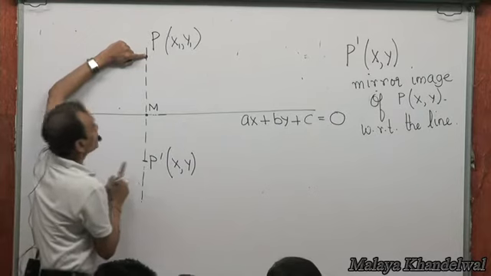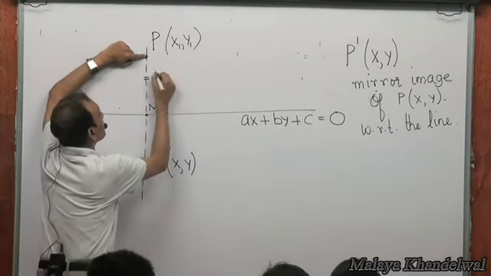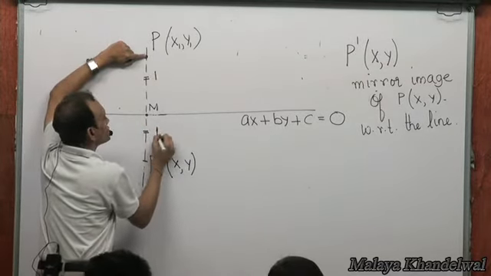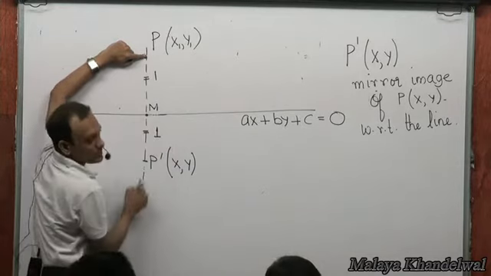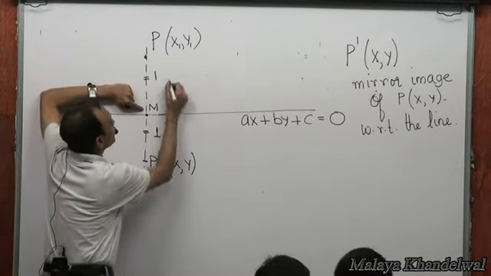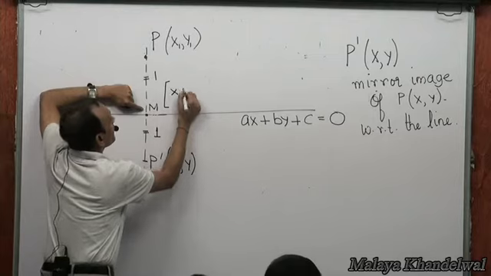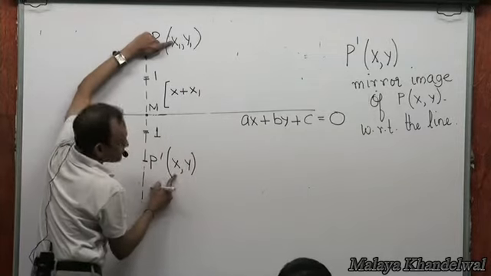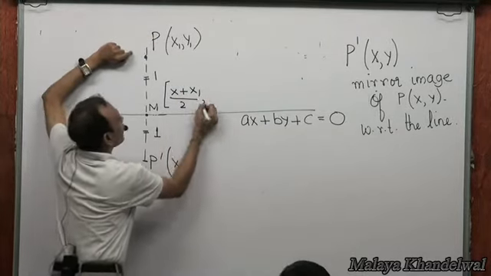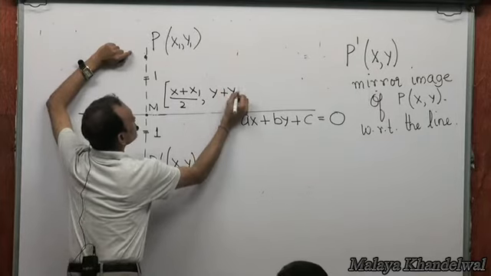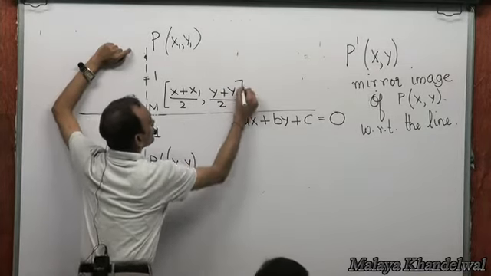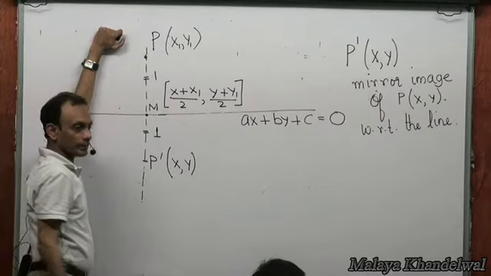Yes or no? Now, M is the midpoint of PP prime. So using the section formula, the coordinates of M would be (x plus x1) by 2, and the y coordinate would be (y plus y1) by 2. Right?